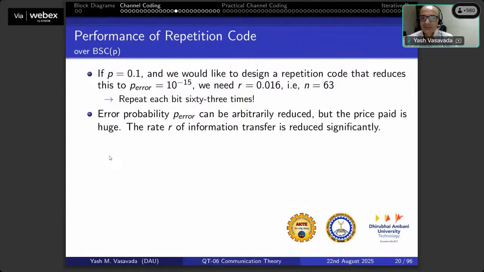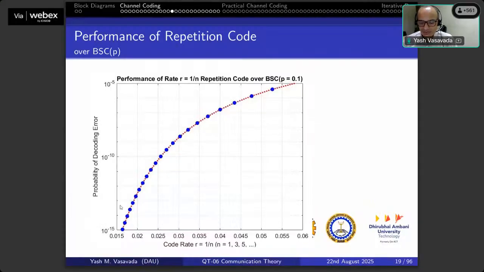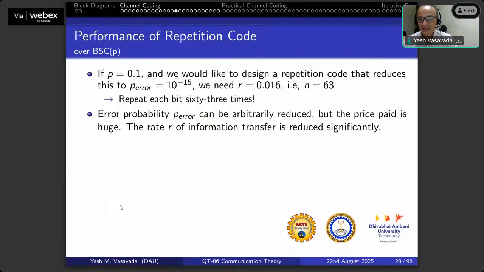If you want to get an error rate of 10 to the power minus 15, then according to this, we need about 0.016 rate, which corresponds to n equal to 63, meaning that repeat each bit 63 times. That is correct. So we are assuming that the errors are independent of each other, which is more or less a realistic assumption.